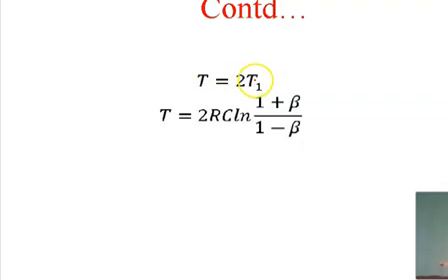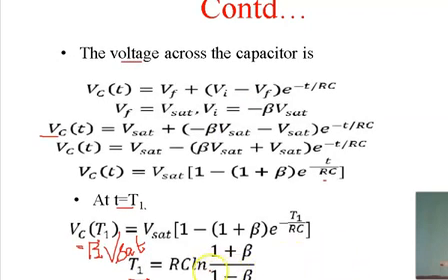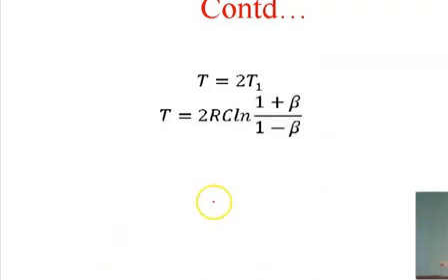So already we found out what T1 is: Rc ln of 1 plus beta by 1 minus beta. So the time period of the astable multivibrator is 2 Rc ln of 1 plus beta by 1 minus beta.